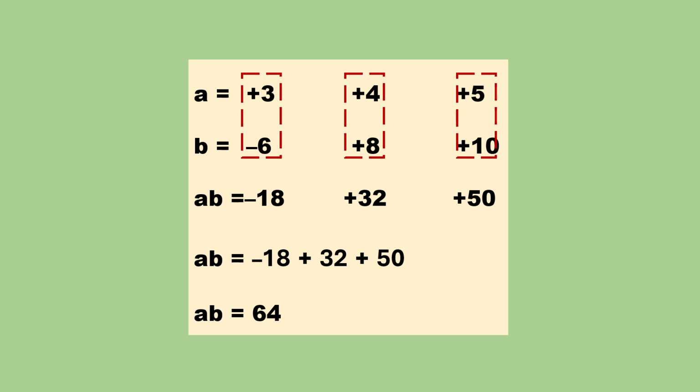We do not multiply i with j or j with k or k with j or k with i. We only multiply the two i values, the two j values, and the two k values. So plus 3 into minus 6, that is minus 18, plus 4 into plus 8, that is plus 32, and plus 5 into plus 10 is plus 50.